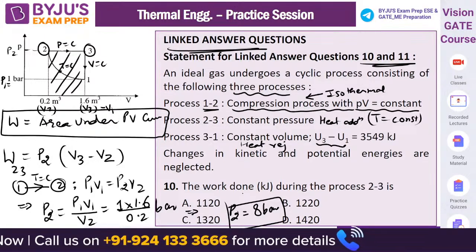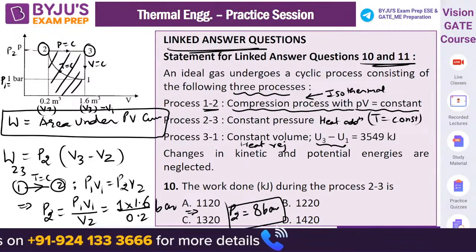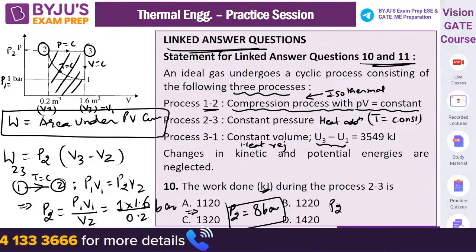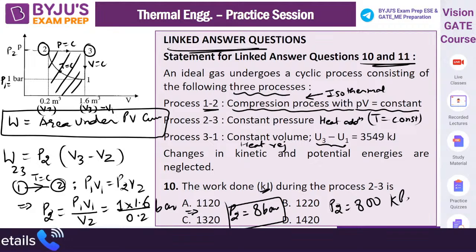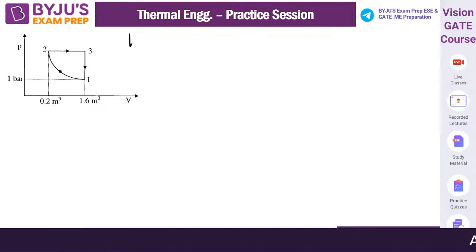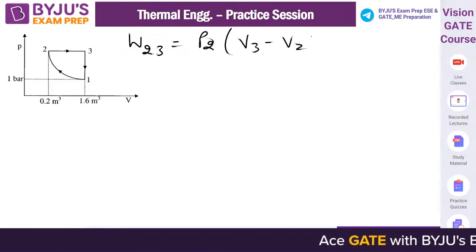Then the question is to find out the work done during the process 2 to 3 in kilojoule. So P2 in kilopascal will be equal to 800, isn't it? It will be 800 kilopascal. So if you put the value, W2 to 3 is equal to P2 into V3 minus V2.